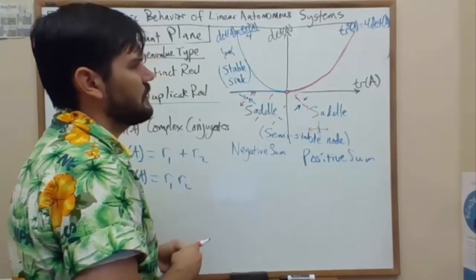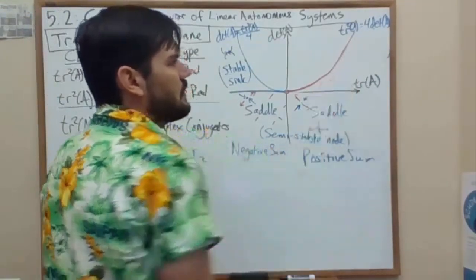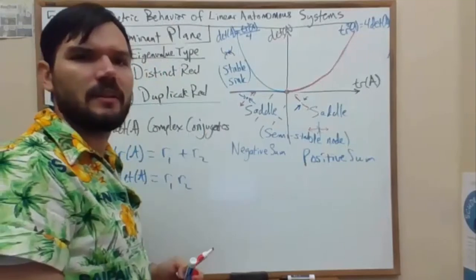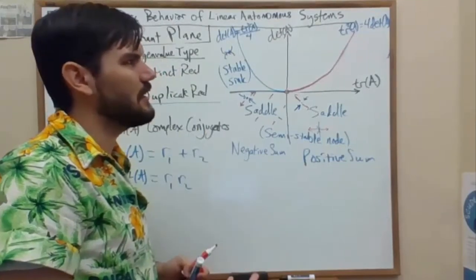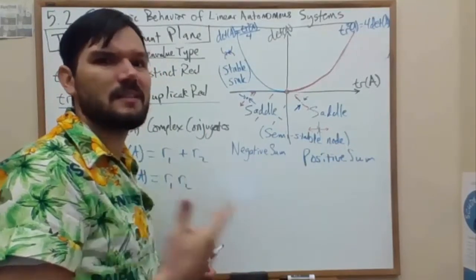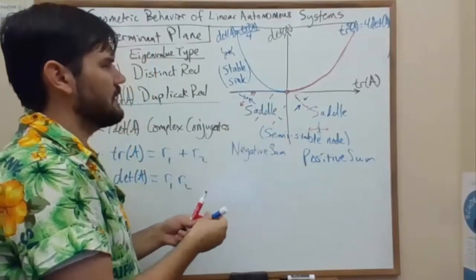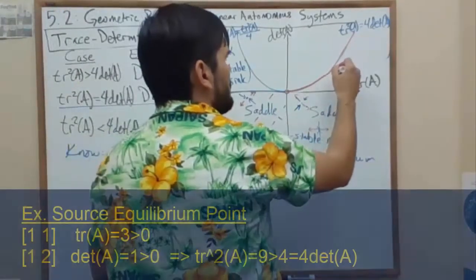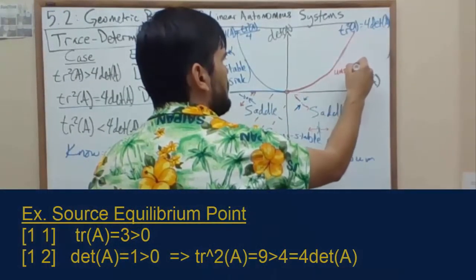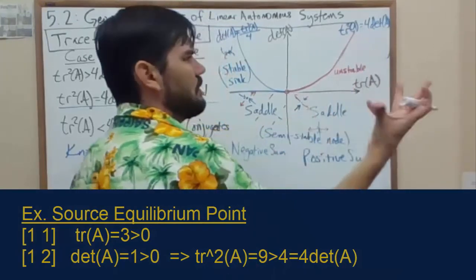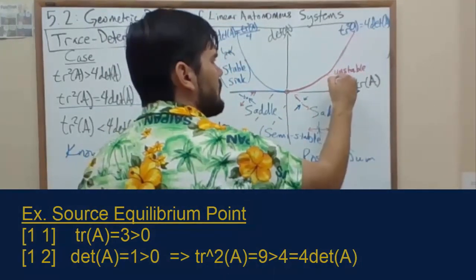Then we move up. We cross into having a positive determinant, but a positive trace, which means both eigenvalues are positive. We're shooting away. That is called an unstable node, but because it's shooting away in all directions, we call it a source.